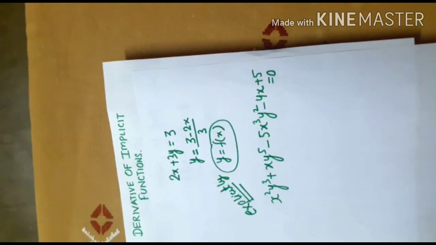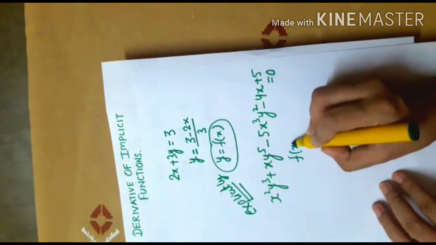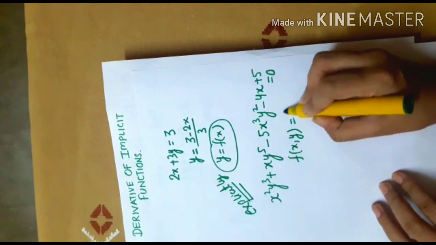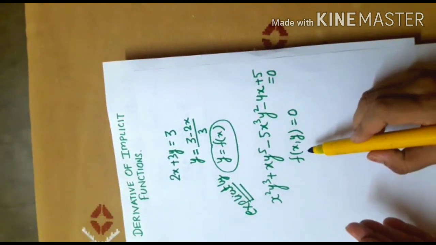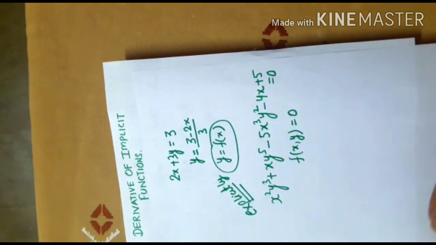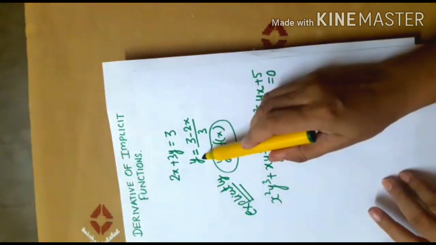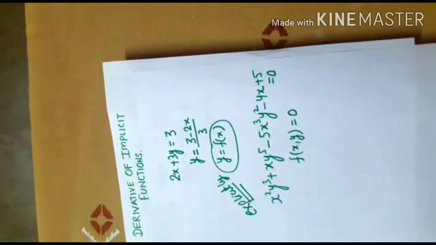But still we know that the value of y is dependent upon x. So we express this as this. So here x and y have implicit relation, and in this other case x and y have explicit relation.